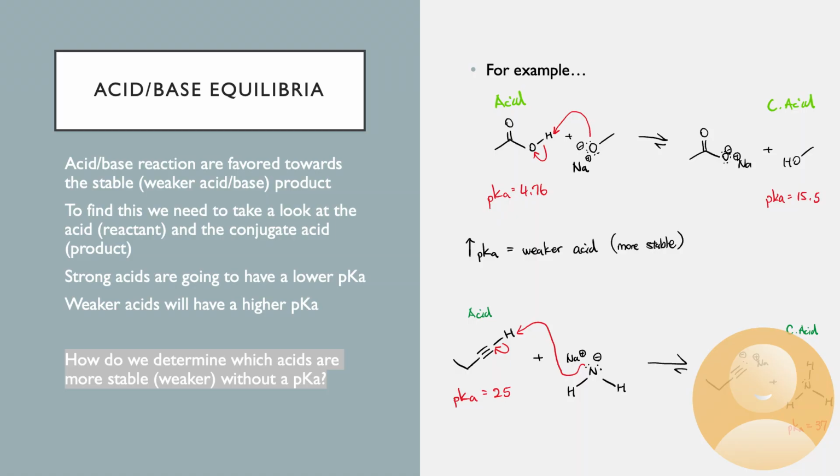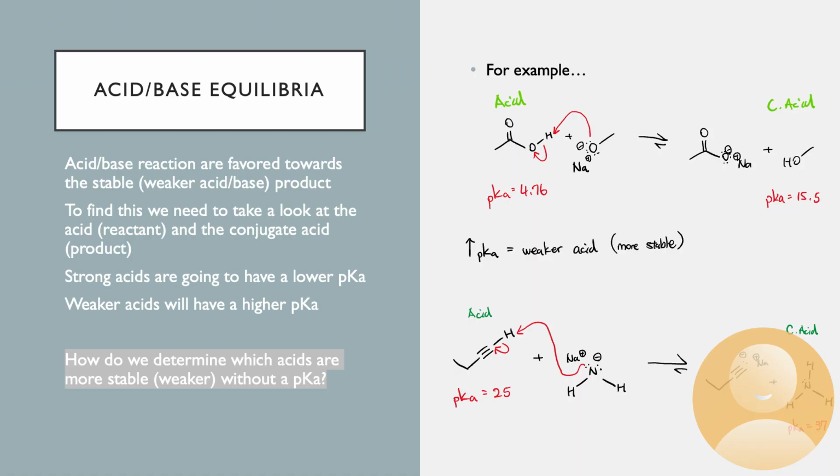Now, if we take a look at their pKa's, 1-butene has a pKa of 25, while ammonia, our conjugate acid, has a pKa of 37. Since ammonia with a pKa of 37 has a higher pKa, indicating it's a more stable acid, the reaction will be product favored.